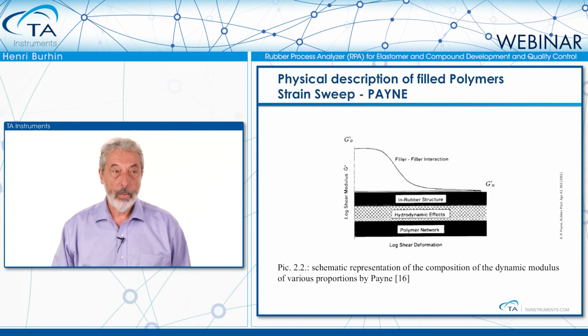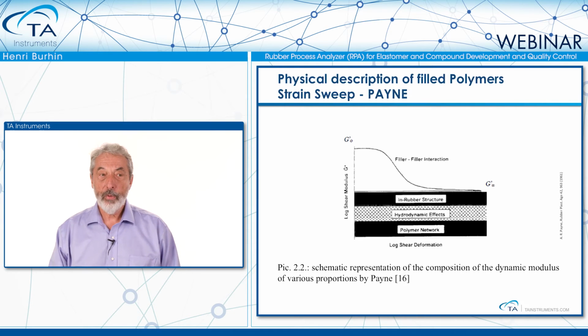So Mr. Payne has done an analysis of the contribution of each ingredient into the measurement of modulus. And at very low strain, he defined a G prime 0, meaning 0 strain, and a G prime infinite.